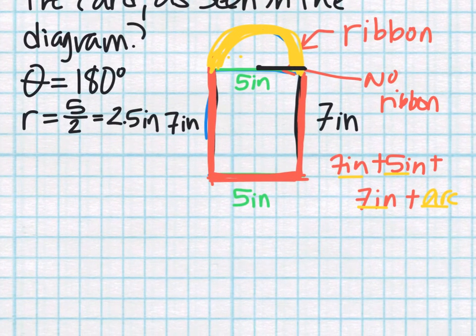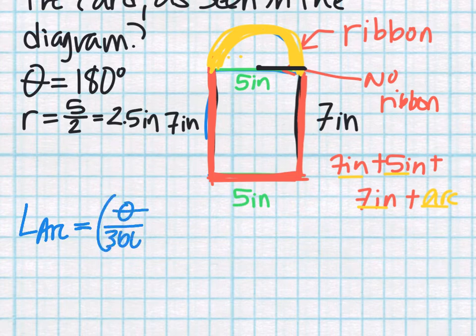So I'm going to rewrite my formula. The length of an arc is equal to theta over 360 times 2 times pi times the radius. Okay, let's plug these things in.